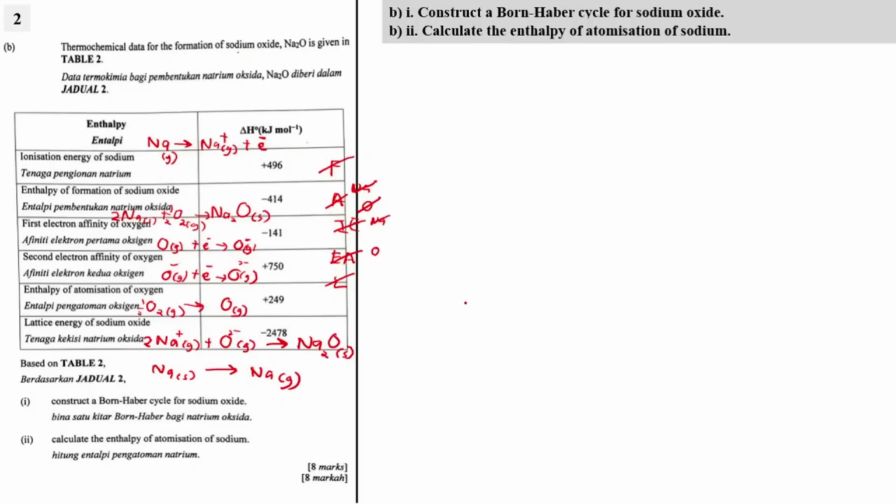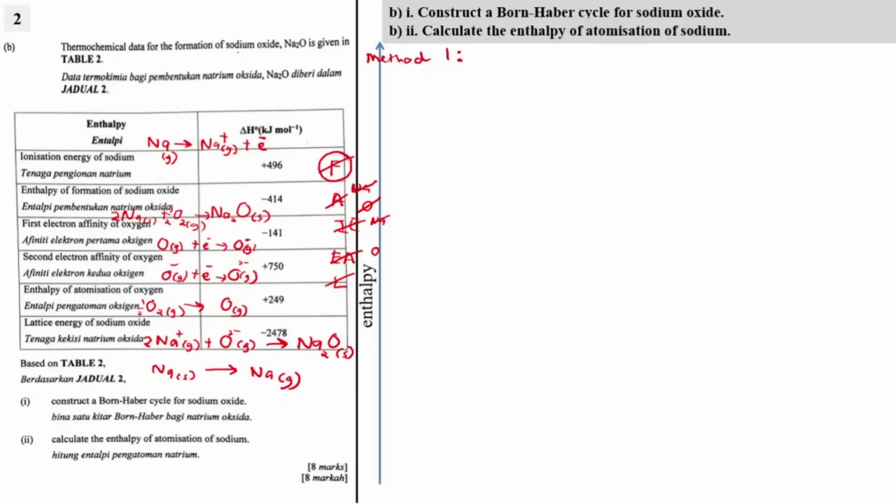For drawing of the Born-Haber cycle, there are 2 methods. So let us look into method number 1 first. For method number 1, you can use the energy level diagram where you draw the y-axis with an enthalpy value, and then as usual start with the formation first.